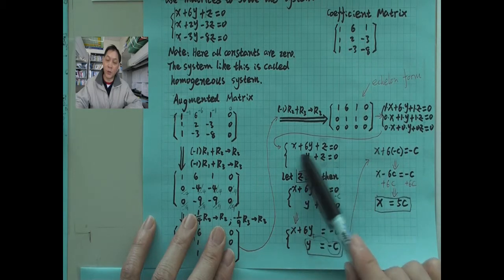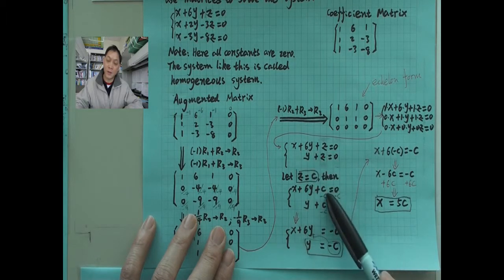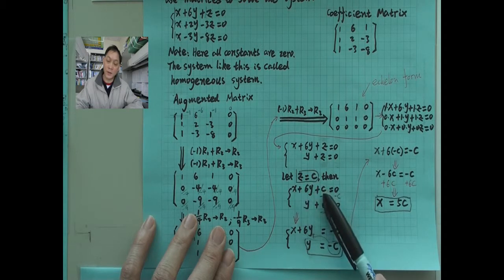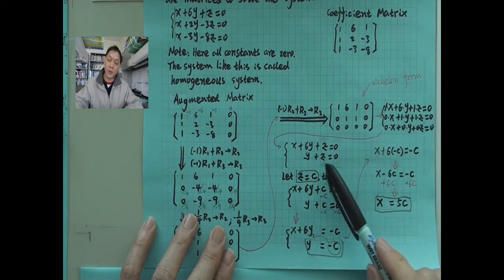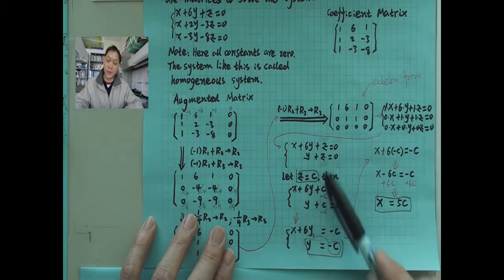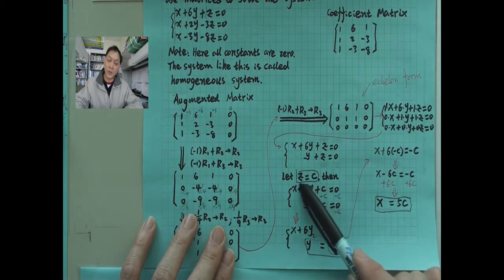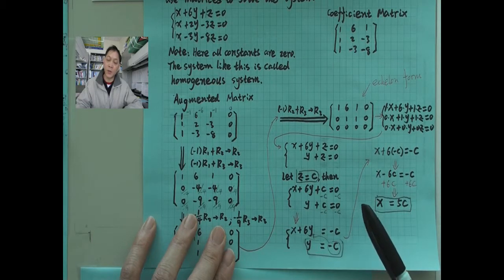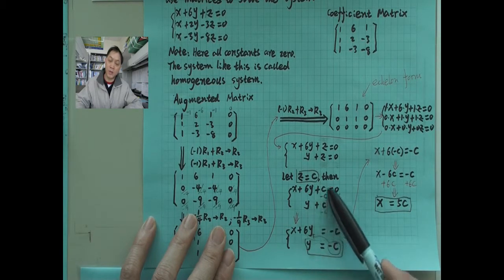Now we have our first equation, x plus 6y plus c, because z can be any constant. We also have y plus z. Now since z is c, so y plus c. Minus c on both sides for the first equation and the second equation. So you may cancel this positive negative c.